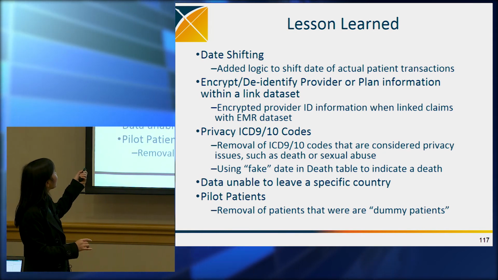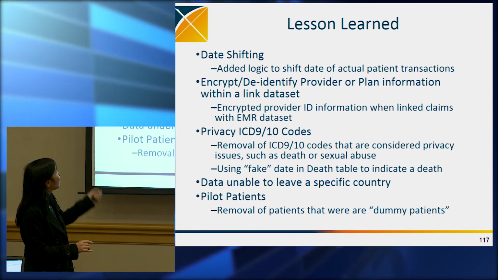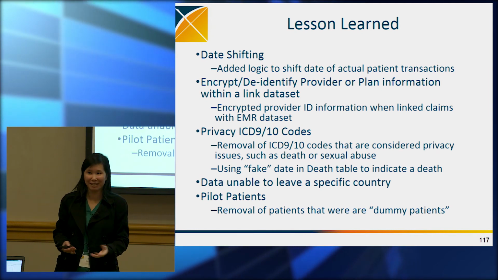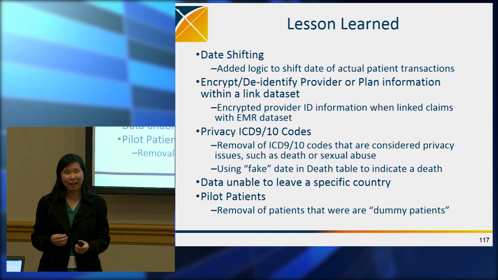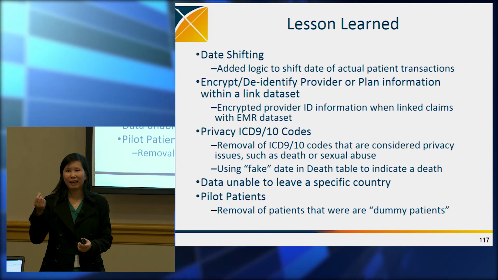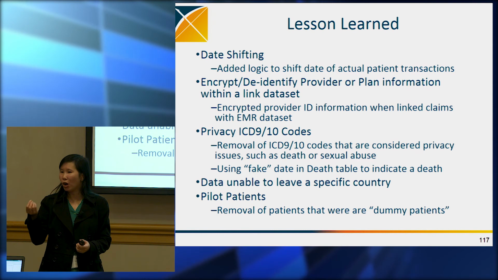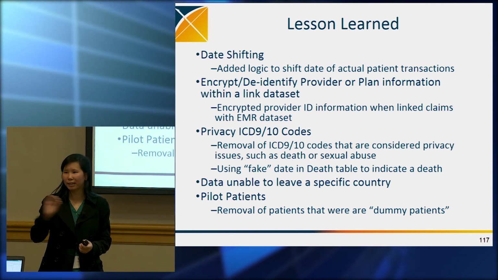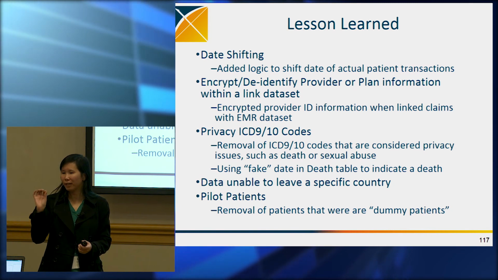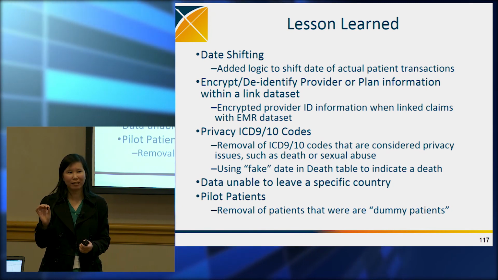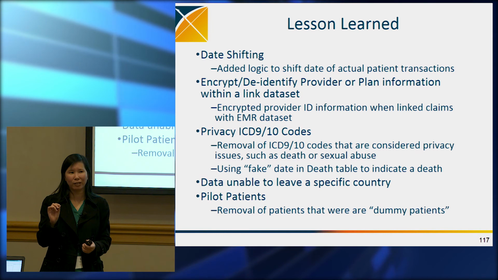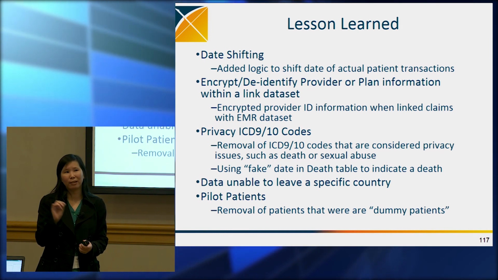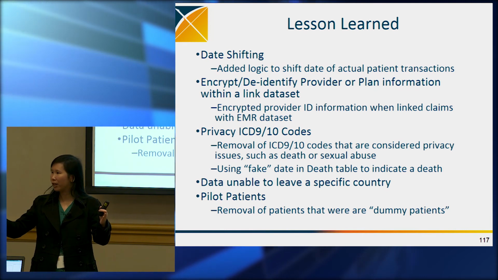So here's some of the stuff, like date shifting. We actually do have logic in some of our databases because we cannot show the exact transaction of a patient. Regardless of who the patient is, when they went in for what doesn't matter. We have to shift the dates. So we have logic in there to shift every patient by plus or minus 7 days randomly, because one of the things we have to keep is the integrity of their duration, right?